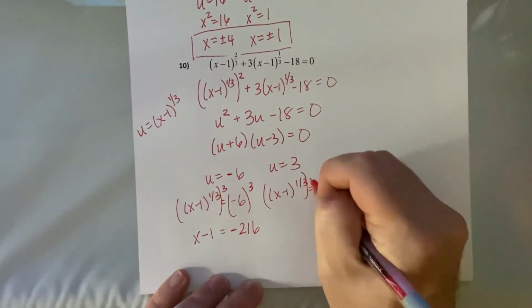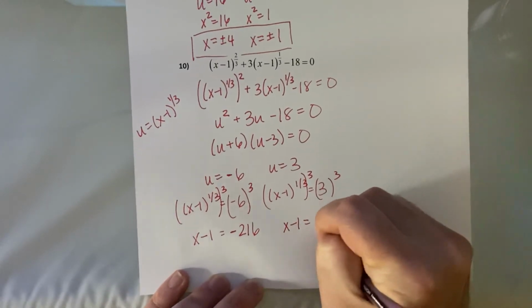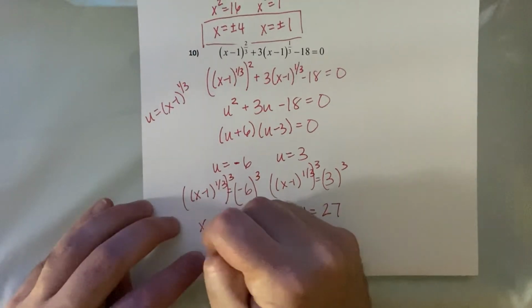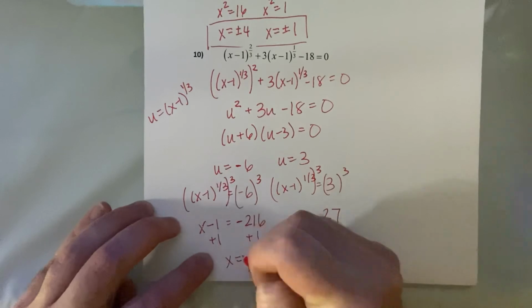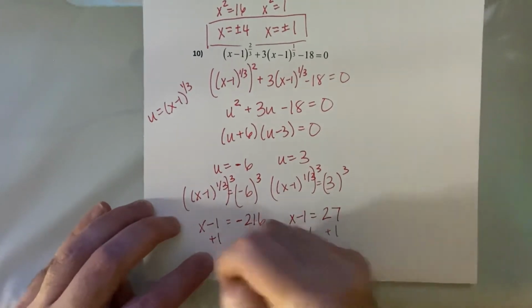Here I do the same thing, raise it to the 3rd power. We get x minus 1 equals 27, because 3 times 3 times 3 is 27. Add our 1 on both parts. We get x is either negative 215 or x is 28.